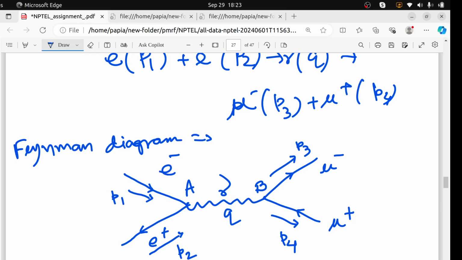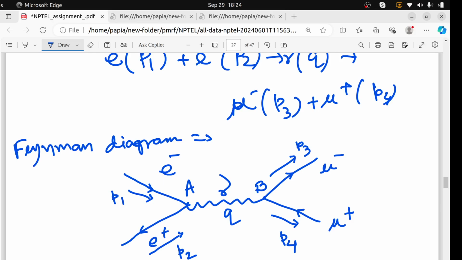So why are there so many arrows? I think you understand already, but if someone has a problem, I am telling it repeatedly. P1, I am checking the direction of the momentum. The particle's momentum direction is inside. E plus momentum is again inside. P3 is outside, P4 is outside. But as this is the particle E minus, it is incoming.